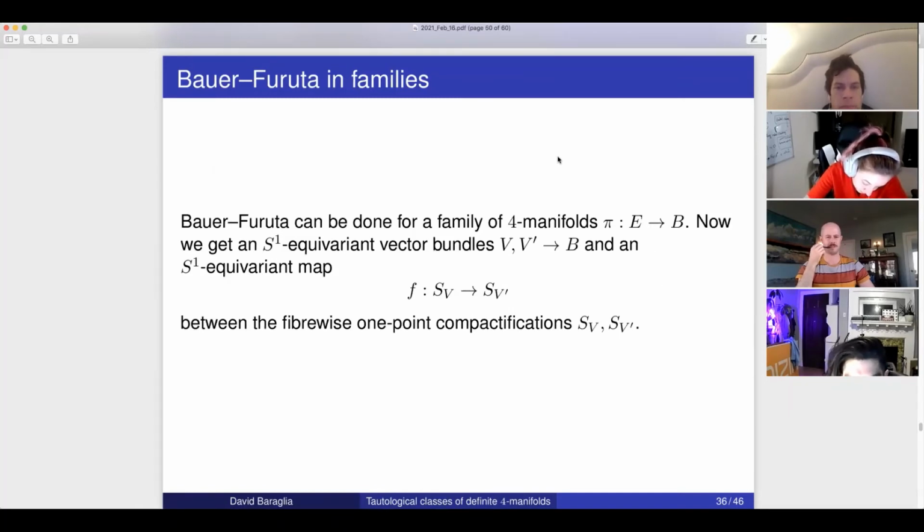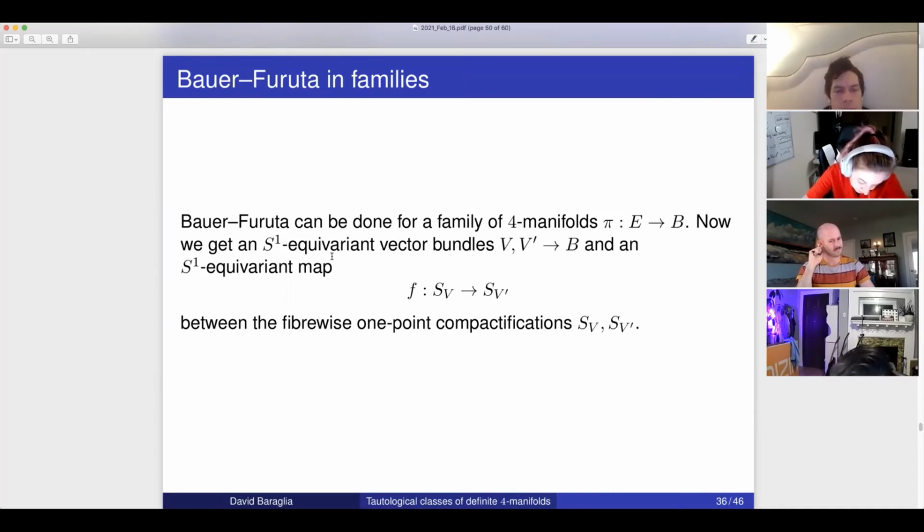Now, that was just for a single 4-manifold, but we can also do it for a family of 4-manifolds. So you consider once again a family, and then you take a finite dimensional approximation of the Seiberg-Witten equations. If you do this carefully, instead of Hilbert spaces, you have Hilbert bundles, and you take finite dimensional subbundles.